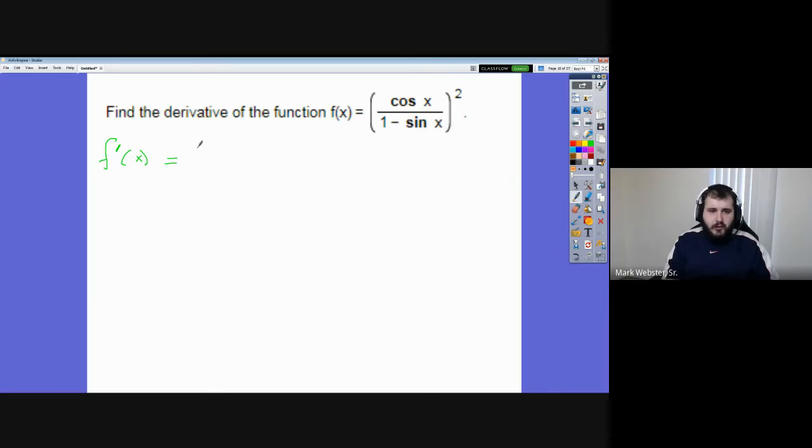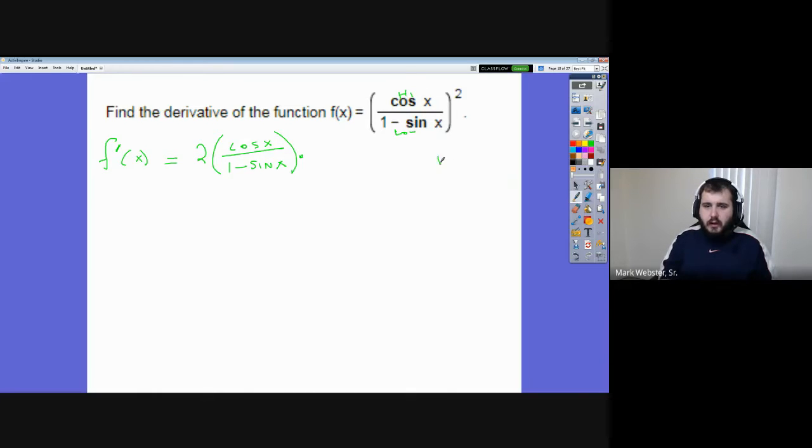So bring down the 2, cosine, and again, this whole part you don't change anything. Then we're going to multiply it by the derivative of the inside. Well, that's more, right? There's more to that. So let's maybe do the quotient rule. Low d high minus high d low over low squared. So here's our low, here's our high.